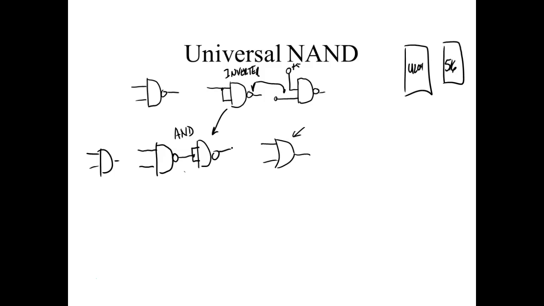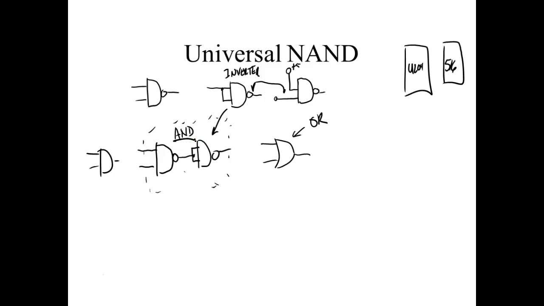No, I'm trying to get an OR. I changed it over because the OR is easier. So I'm trying to make an OR. I'm not trying to make a NOR. I'm trying to make an OR logic function out of nothing but NAND gates. No, what we're doing is we're combining 2 gates to get an AND function.